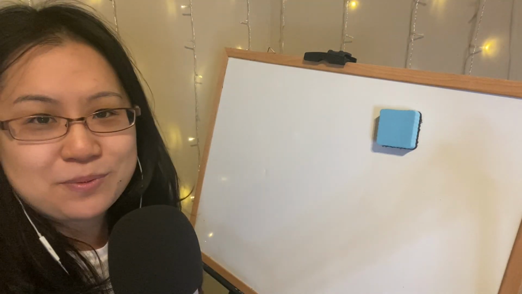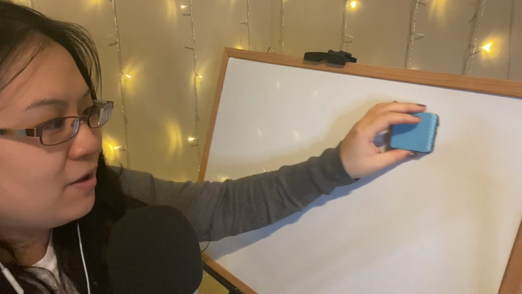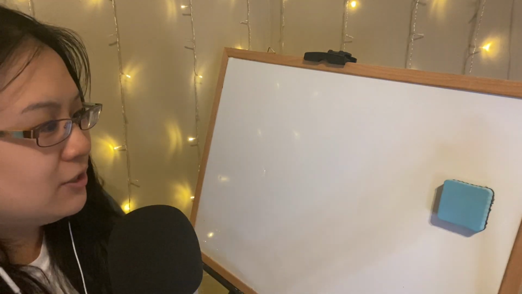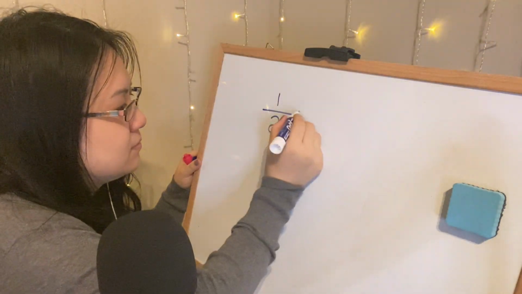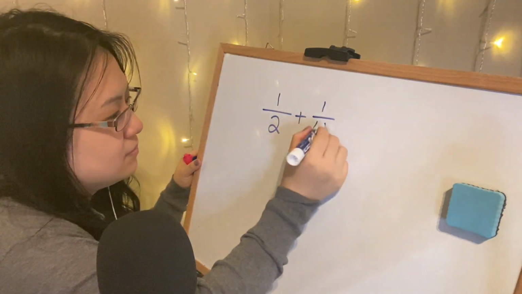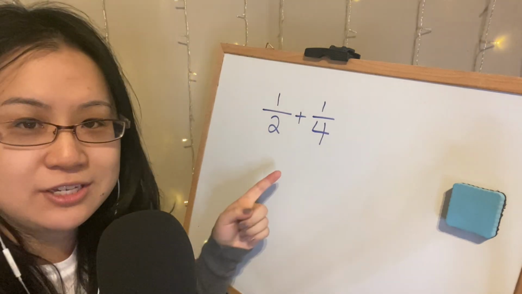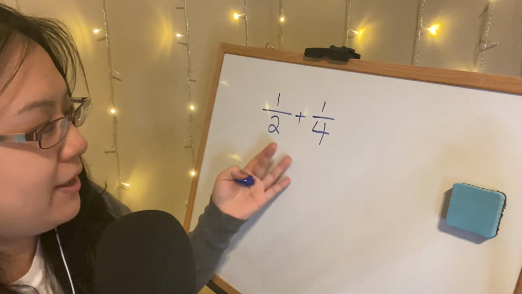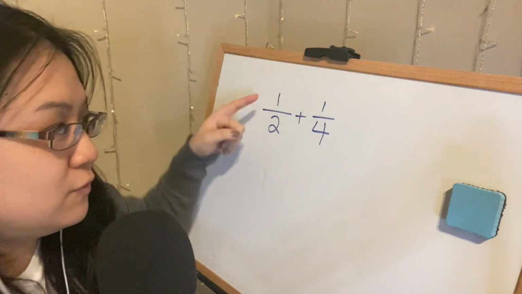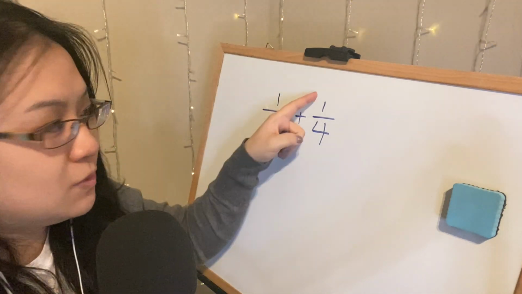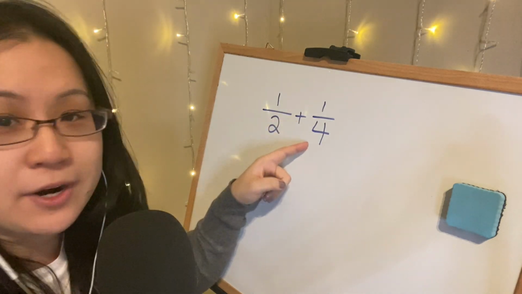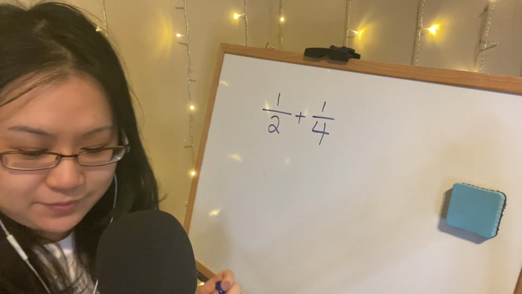Okay, so why don't we first look at this example. What are these two fractions? We have 1 over 2, 1/2, plus 1 over 4, 1/4, right?